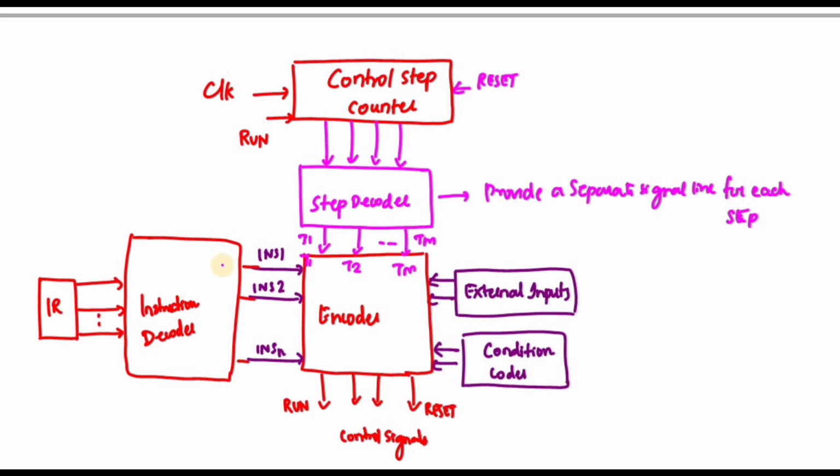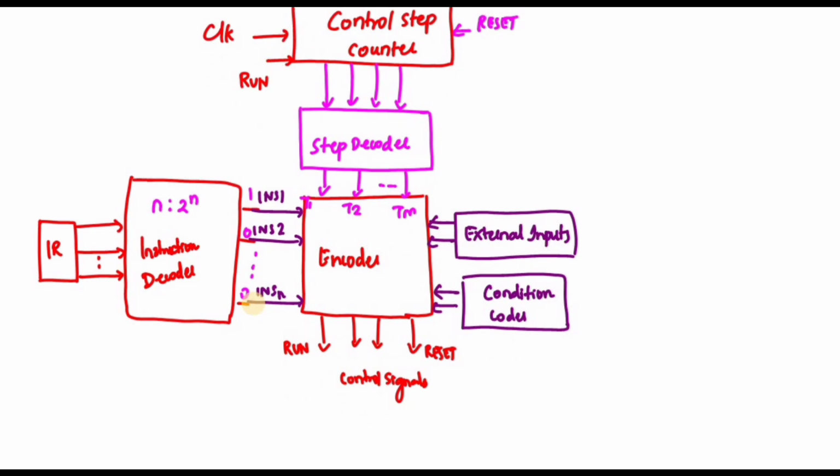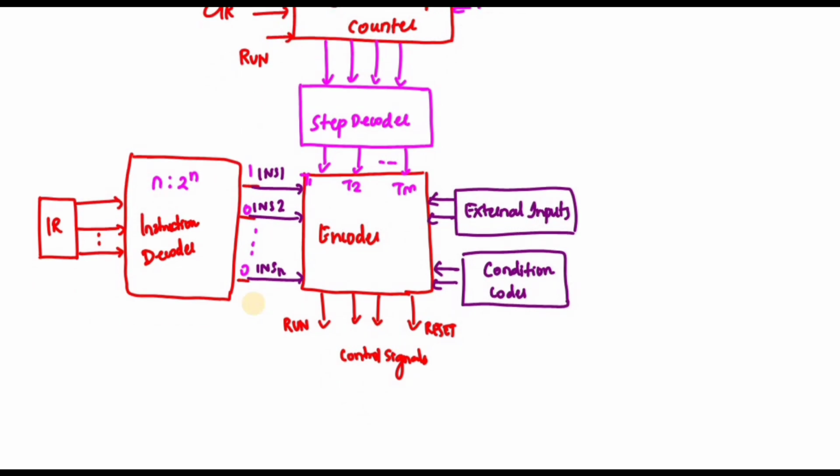So the decoder formula is n to 2 power n. So based on the instruction which is loaded from the instruction register, any one of the output line is 1. Okay, it will set the concerned instruction, for example ADD, will be set as 1 and the rest of the values are set to 0. Okay.